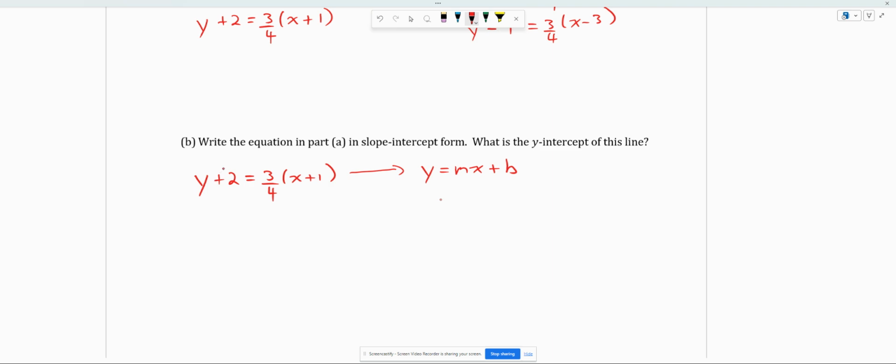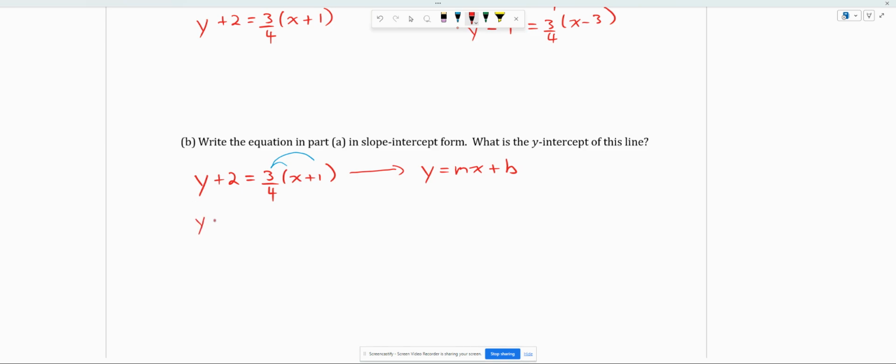Okay, so our first step can be either subtracting 2 on both sides, but better yet, let's simplify and bring in this 3 over 4 into the bracket. So we're going to multiply that in first. We got to get rid of these brackets because there's no brackets in slope-intercept form. And that's going to give me a new equation.